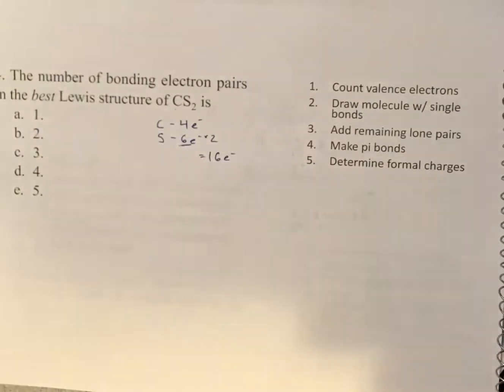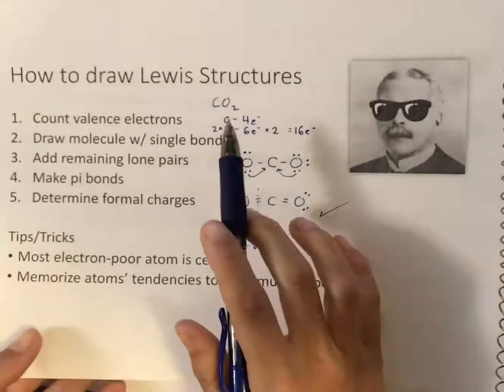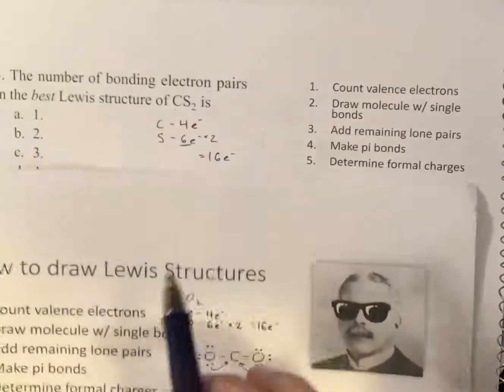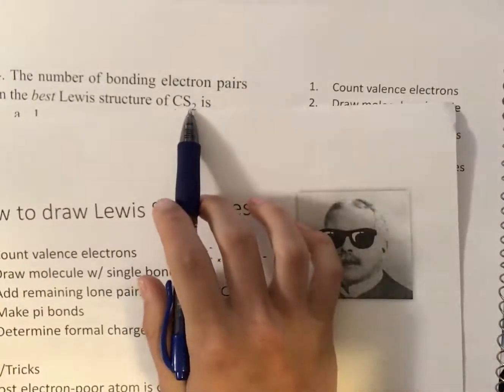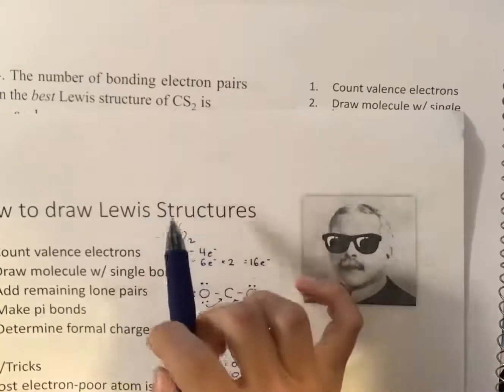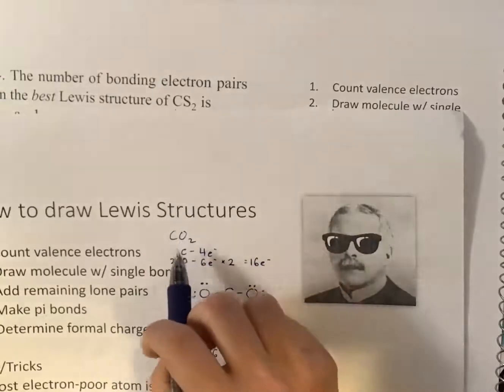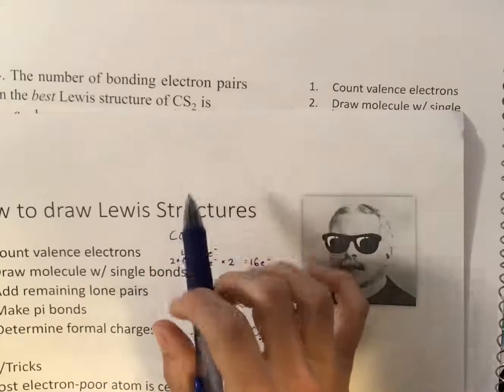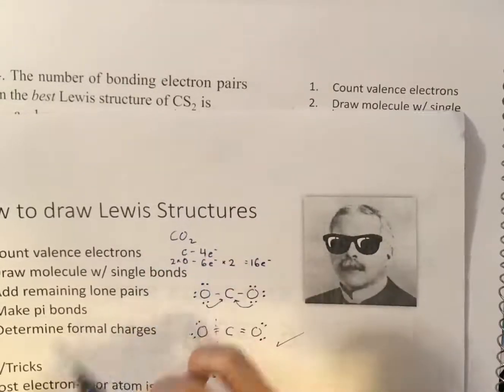So I'm going to cheat a little bit because if you remember back to our first example, we did CO2, and now we're doing CS2, which these are essentially going to look like the same Lewis structure because sulfur has the same number of valence electrons as oxygen.